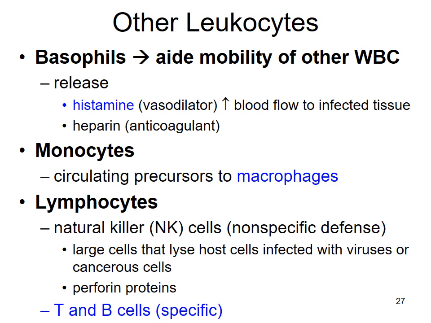We're all born with it. It all reacts the same. Whereas your T cells and your B cells will be part of your specific defense, or what some people like to call your adaptive defense. They will only be generated, T cells and B cells, when you become exposed to a specific pathogen.